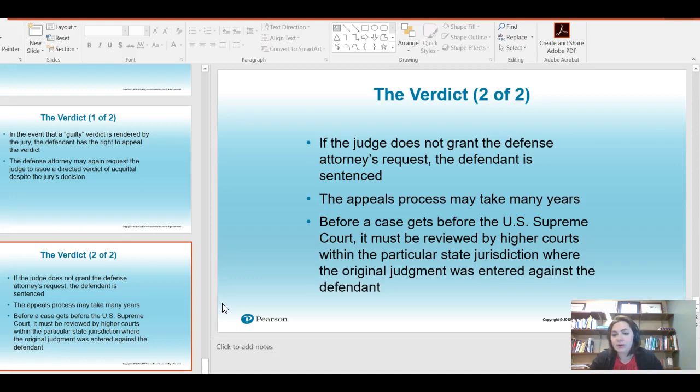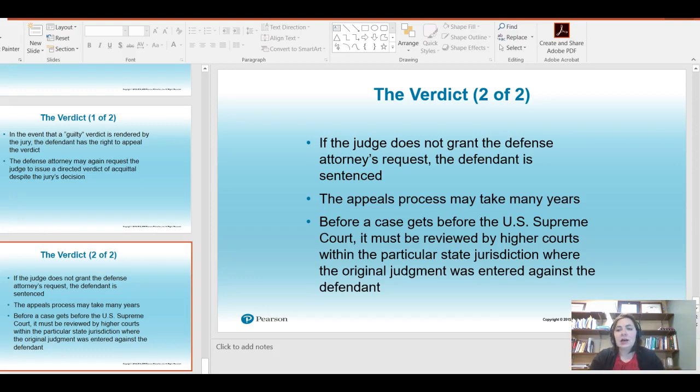So the process kind of runs through, if we're going to run through it one more time, arrest, booking, initial appearance, preliminary hearings, arraignments, and then we would move towards the trial process, which would begin with opening statements, then witnesses that are going to be direct examined and cross-examined by the person who asked them.